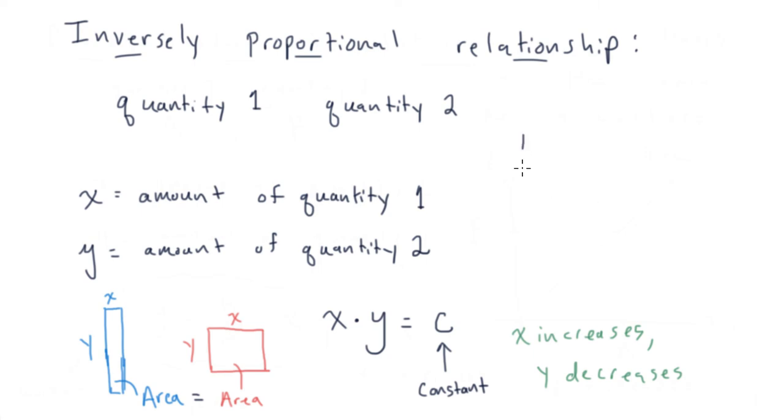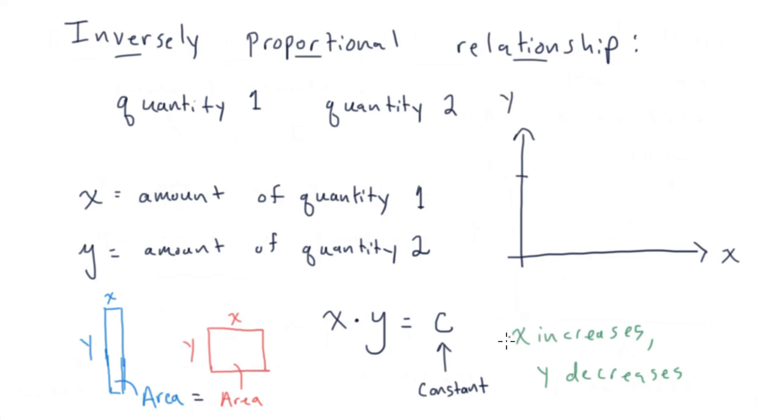Now, if we look at the graph of an inversely proportional relationship, what are we going to get? We're not going to get the equation of a line anymore. We're actually going to get what's called a hyperbola. So let's see, we want x times y to be c. So let's say that, okay, here's x and here's y.